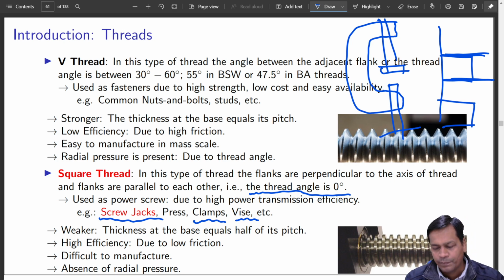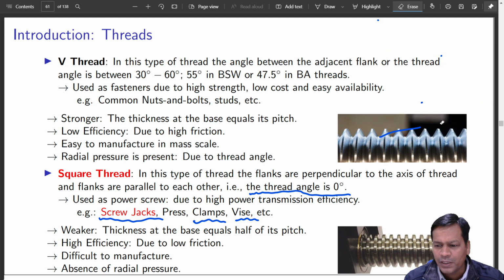But they are weaker because they have pitch 50%. So first of all, what is pitch? That is the distance between two adjacent same type. So distance between this and this.